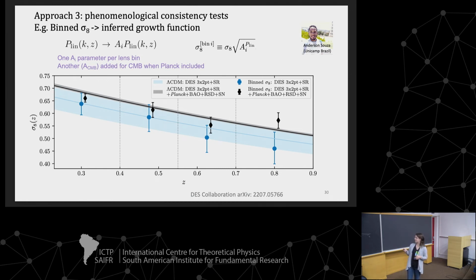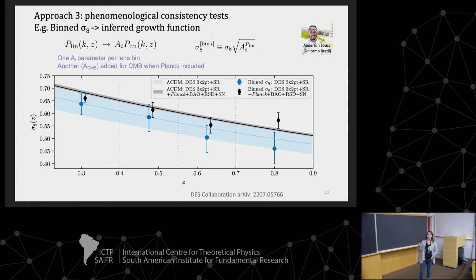For each of the lens galaxy bins, the ranges where we have the most information about the clustering of matter, we get a new amplitude parameter. We sample over that along with our 20-something nuisance parameters and other cosmology parameters. Looking at that lets us ask whether the growth rate that we're sensitive to over time, the evolution of the clustering of matter as a function of redshift, agrees with lambda CDM.